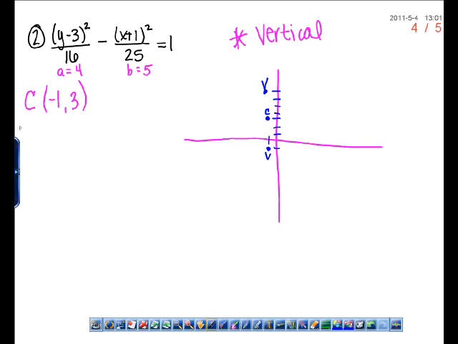So what are the coordinates of my vertices? Good. And -1, -1. All right, co-vertices, I'm going to go left and right. How much? 5. Now, is it okay for a hyperbola that my co-vertices are farther apart than my vertices? Yes. Okay, that is okay. All right, so left and right 5.